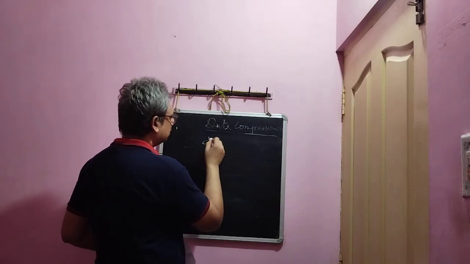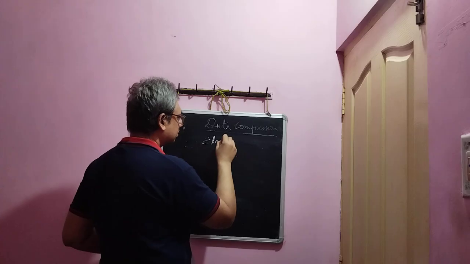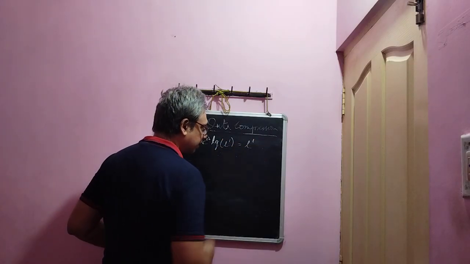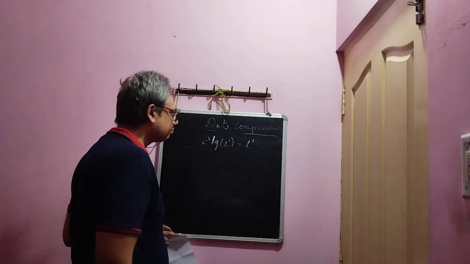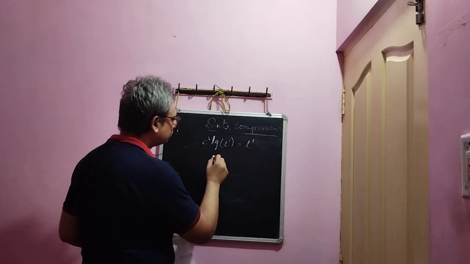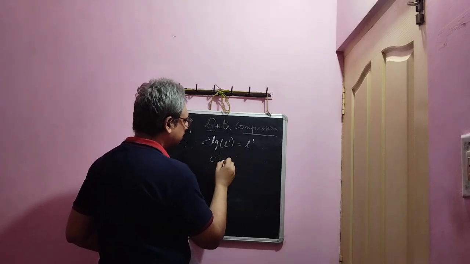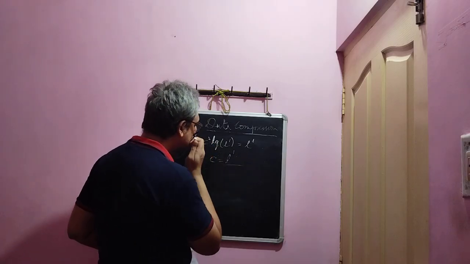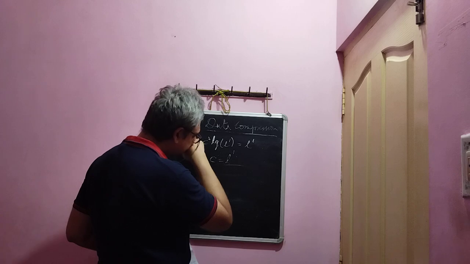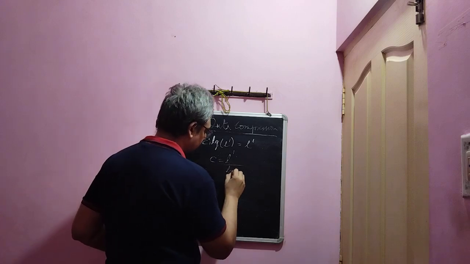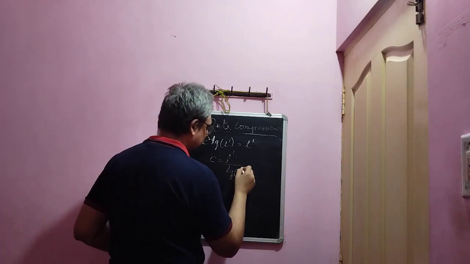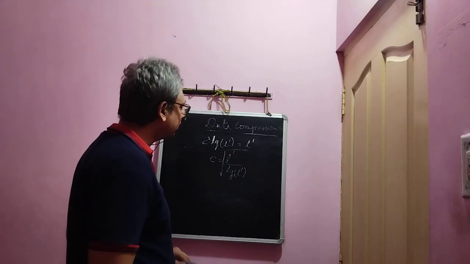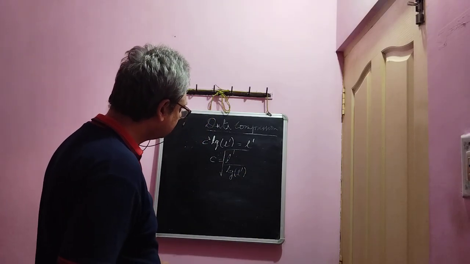That is, c square times log of L dash must be equal to L dash. In other words, c must be equal to the square root of L dash by log L dash.